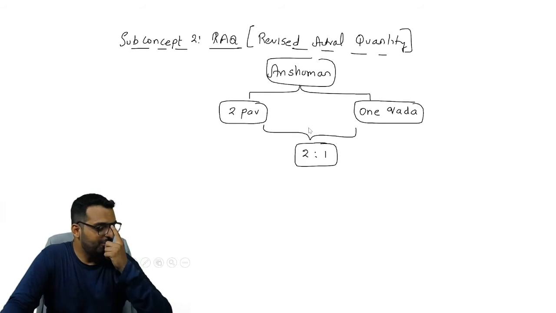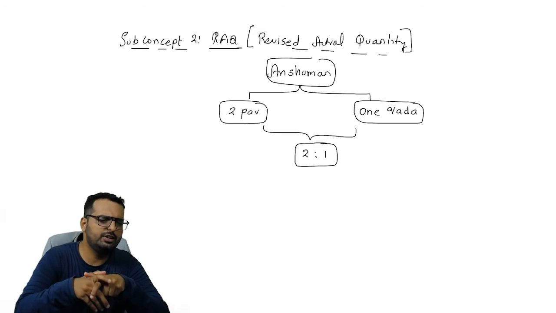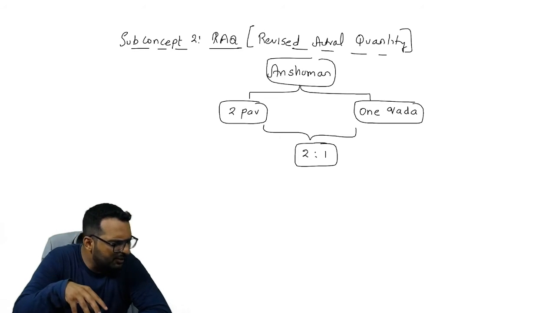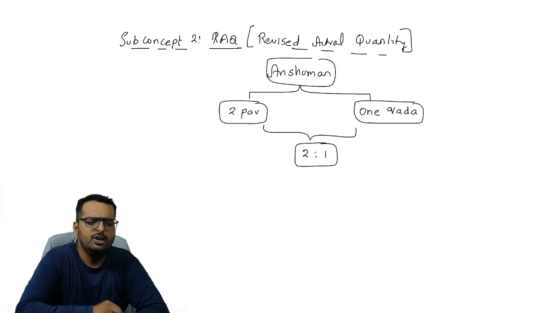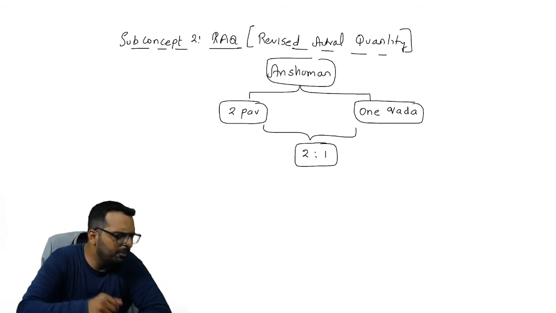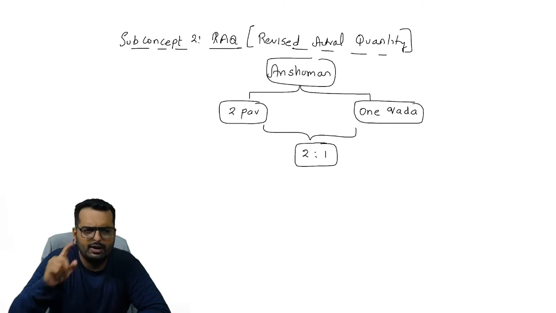All right, so let's get back over here. RAQ, revised actual quantity. Who is the great person who was making vada pav in my class? Anshuman. Normally, a normal human being making vada pav uses 2 pav, 1 vada.